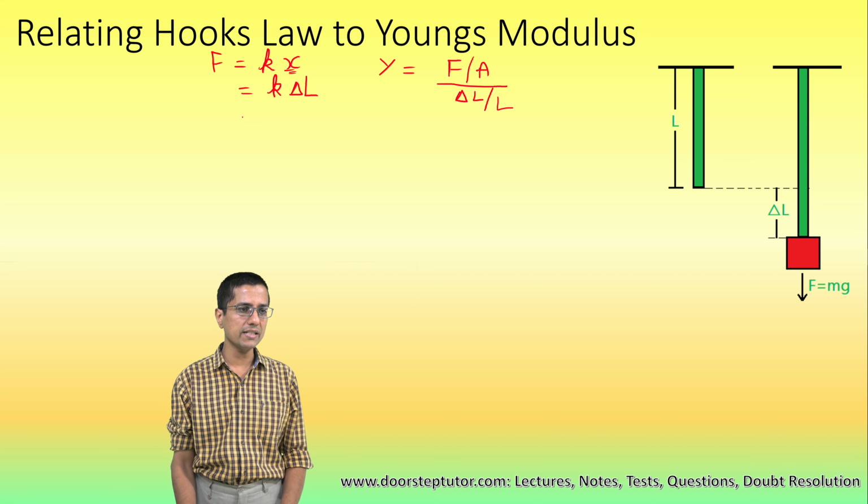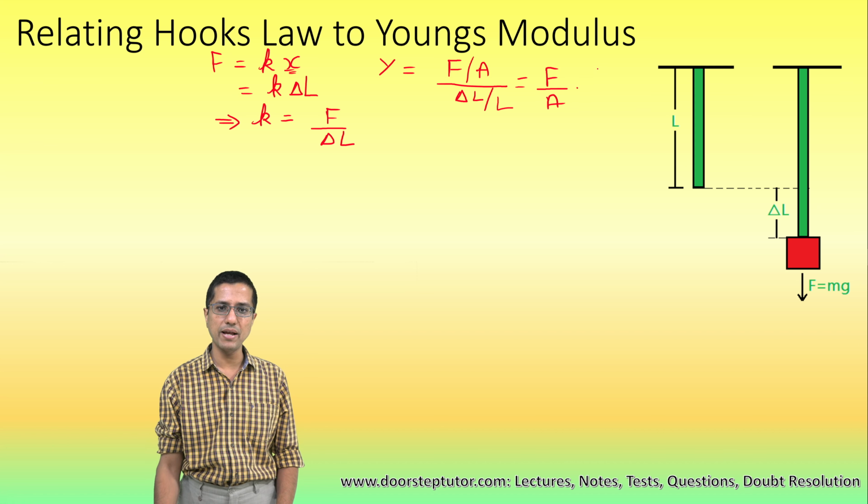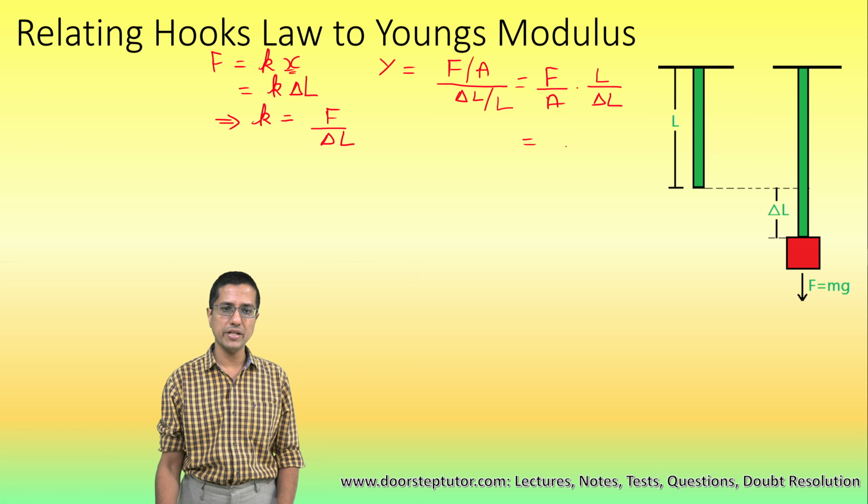So in other words, I can write this as K is equal to F by delta L. Let us just also simplify this a little bit. So this becomes F by A into, this is delta L by L, so this becomes L by delta L. Of course, we can simplify this further.